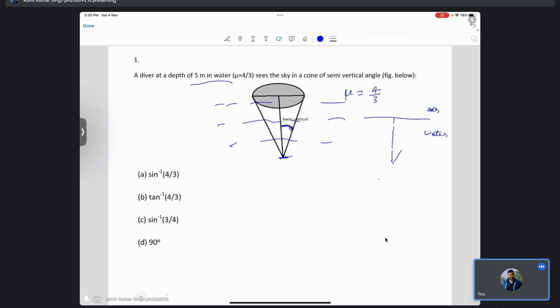So suppose this is the cone that will be made. Do you understand how a cone-like shape is being made here?